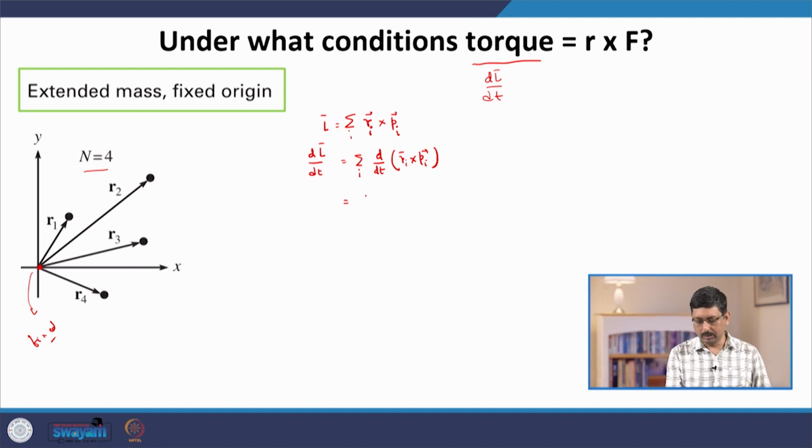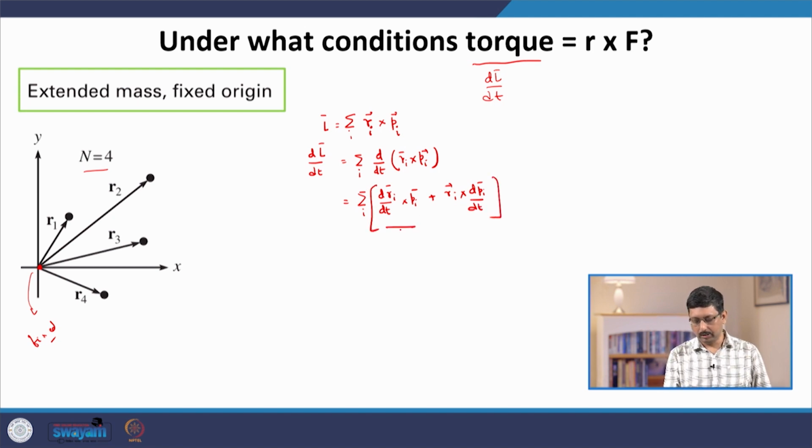Now, this one as before will be dr_i/dt cross p_i plus r_i cross dp_i/dt.